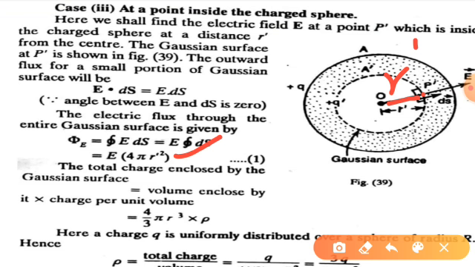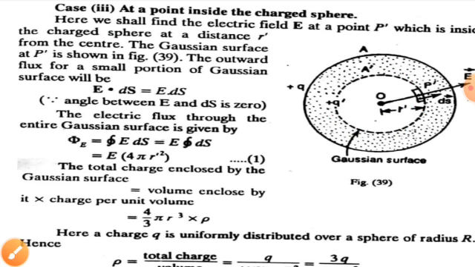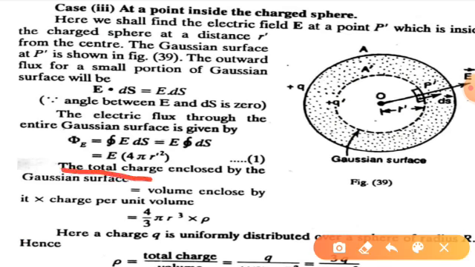Next, we have to calculate the charge enclosed in this surface only, not on the surface or outside the surface. Charge in our constructed Gaussian surface, which is inside our charged sphere. So total charge enclosed by our Gaussian surface is equal to volume into charge density.